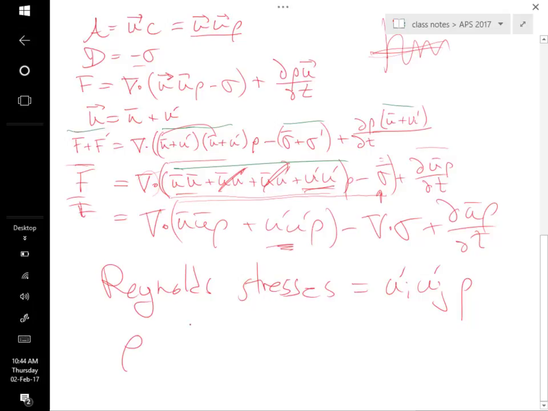What we saw previously was that the stresses in the fluid for just laminar conditions are equal to the viscosity times the strain rate. That was what happens in a viscous flow. So what we'll say is that the Reynolds stresses are equal to a new viscosity times the strain rate.